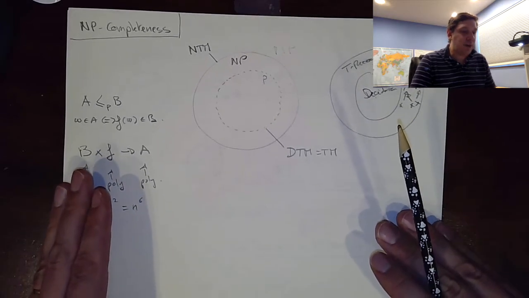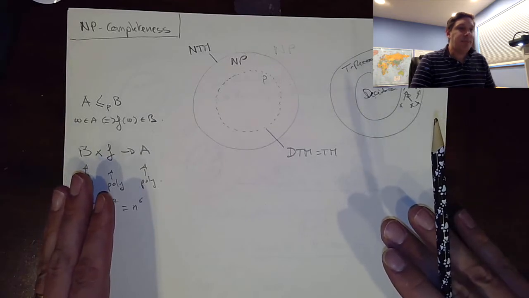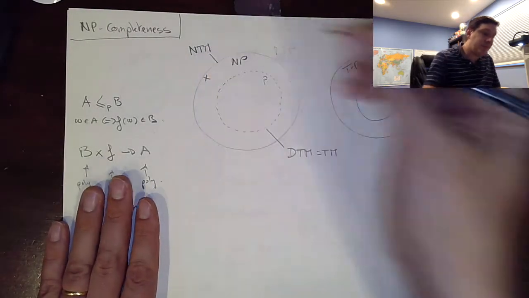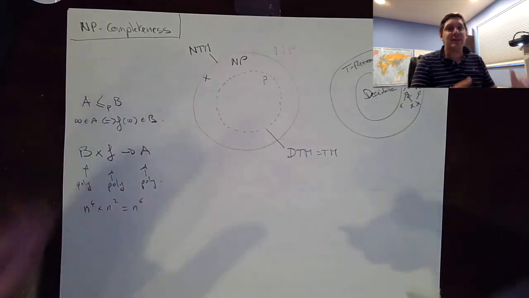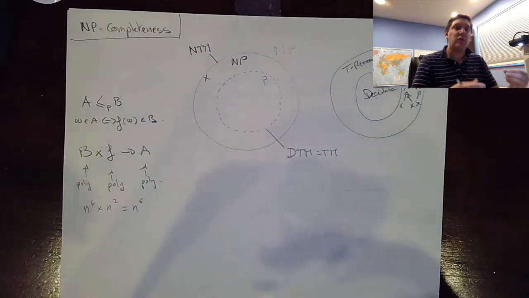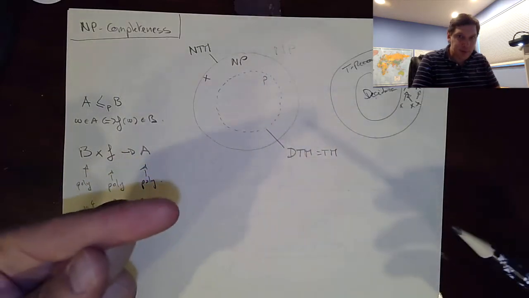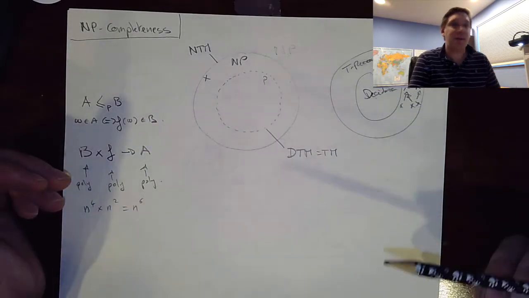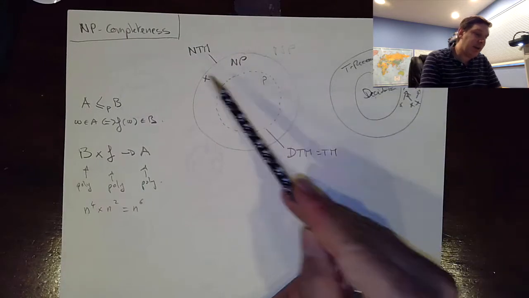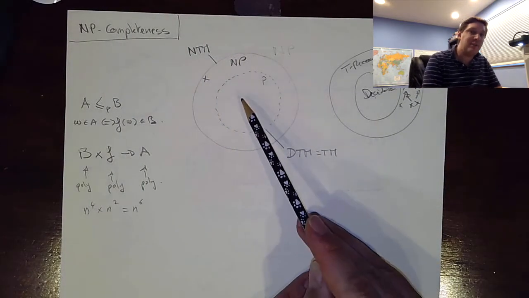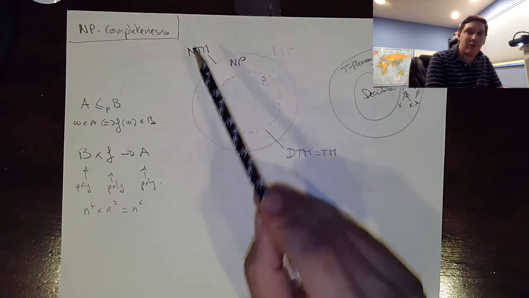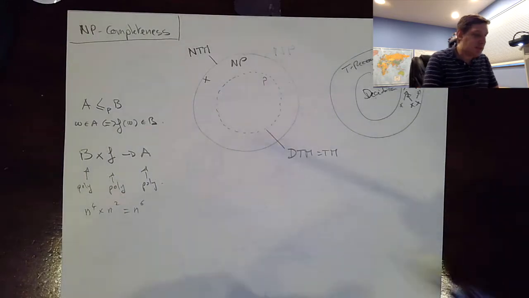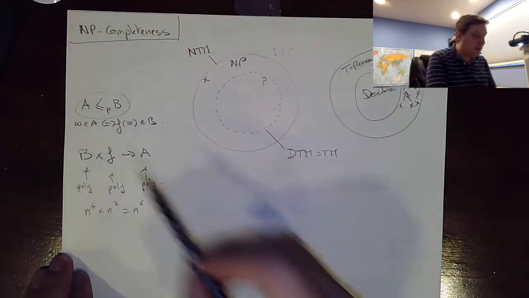So now the question is, can I find a problem in NP that is in some sense so hard and so complex that if I solve it, I solve everything in NP polynomially? Like with ATM, although I cannot find something that is non-polynomial, I can find something in NP, solvable by a non-deterministic Turing machine, that is such a powerful problem that I can use it just the way we use reducibility here with the function.